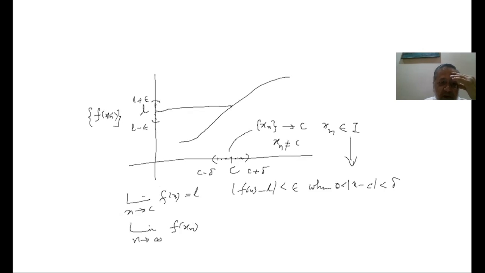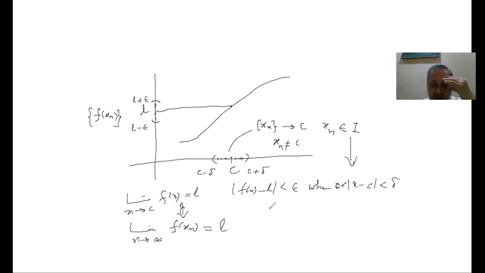Now this is a sequence of images. हम कह रहे हैं कि if the sequence in the domain, यानी pre-images की sequence, C पे जा रही है, तो फिर images की sequence L पे जाएगी, and these two are in fact equivalent.